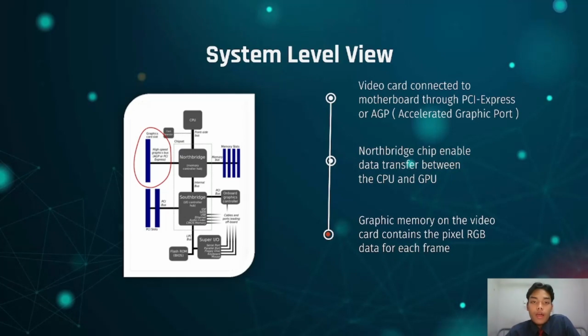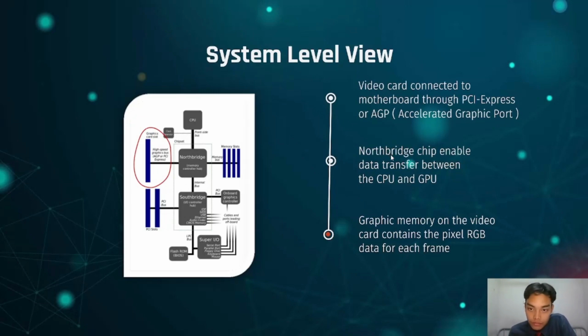So the next one we have is the system level view. Here is the diagram for the system level view. The first point: the video card is connected to the motherboard through PCI Express or AGP, accelerated graphics port. Here in the red line is the graphics card slot and the AGP or PCI Express port.